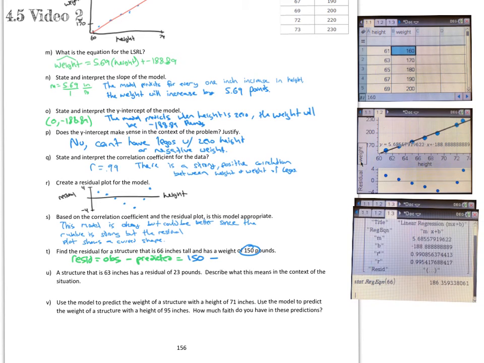So now this model predicts that a structure that's 66 inches tall will have a weight of 186.36 pounds. And when I do that subtraction, that would equal negative 36.36. That's the residual.